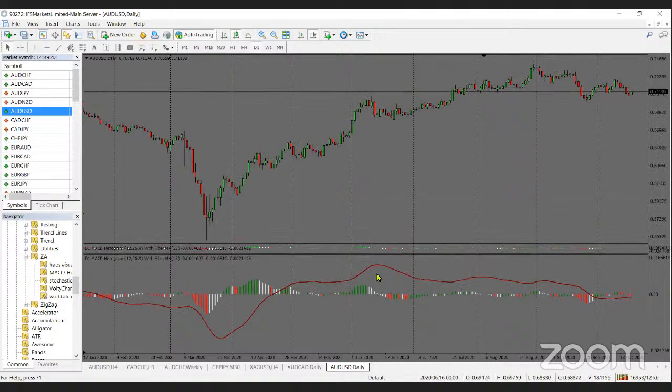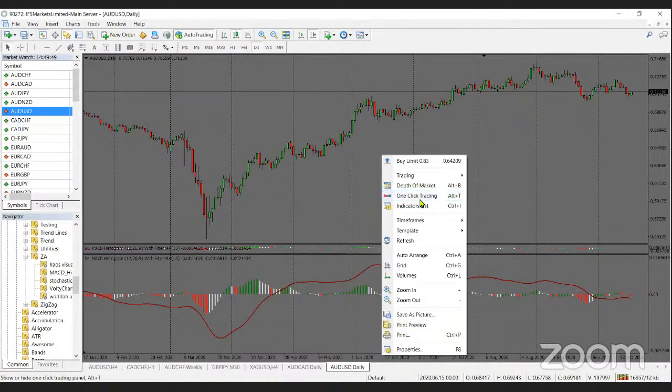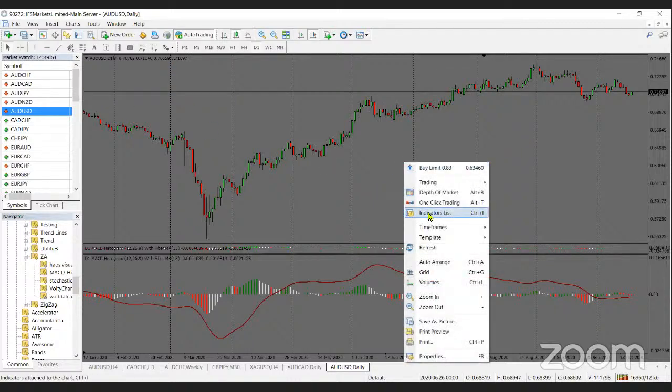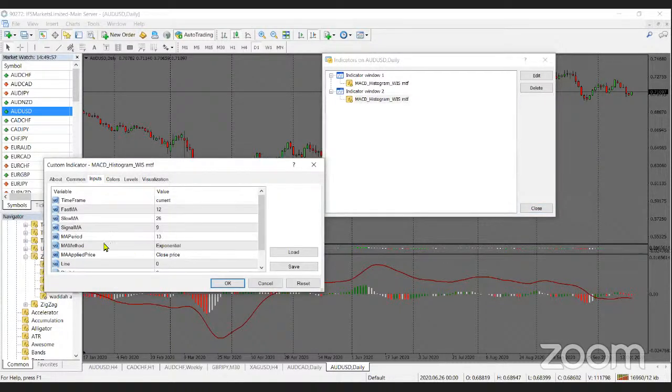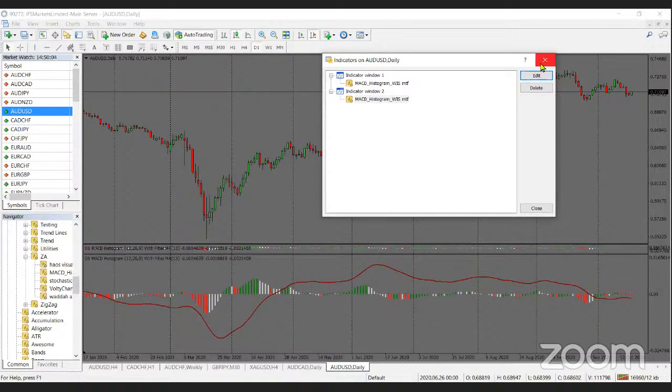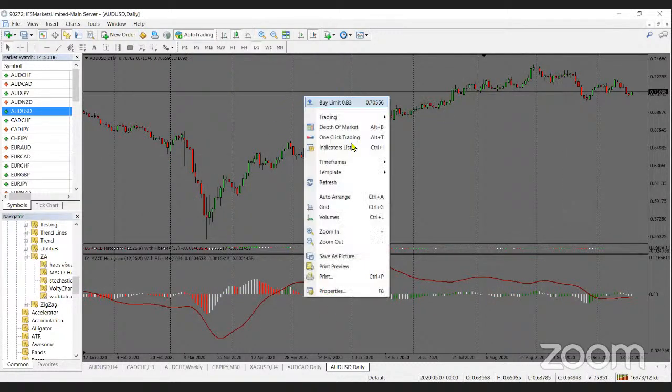Now, this line you can actually plot as a very similar moving average on your own. So I'm going to change the value to, let's say, 100.